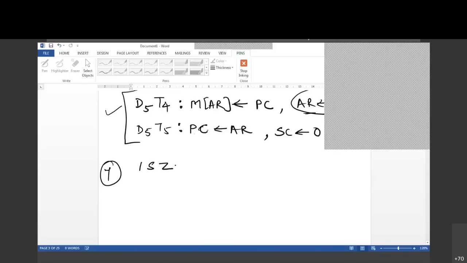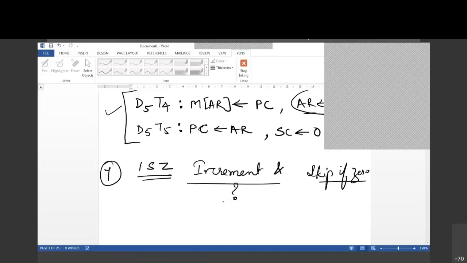ISZ. What is ISZ? Increment and skip if 0. Now what to increment?